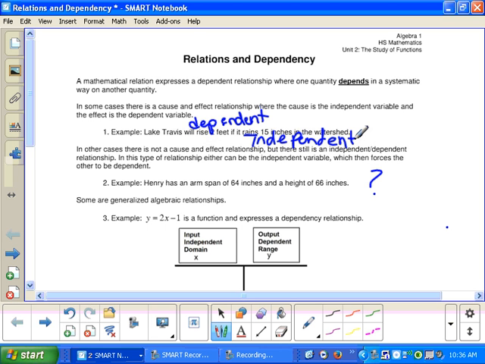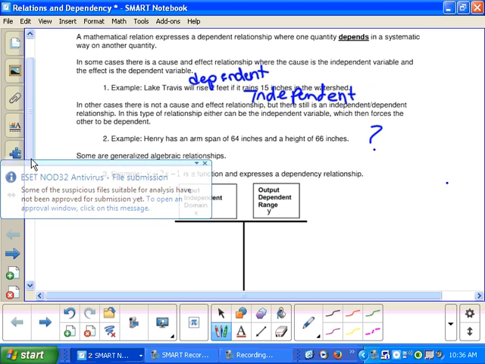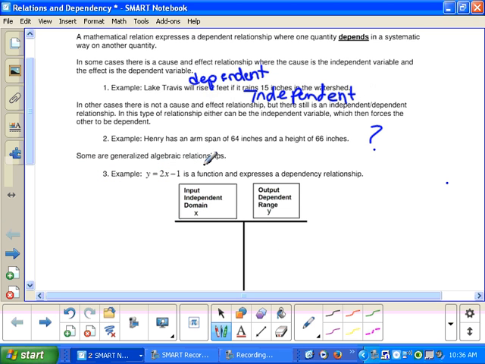What we're going to see most often is going to be like number 3, where we have an equation. In this case, y equals 2x minus 1. We have these 3 names, so to speak, that will be independent. So we have x is independent, domain, input. Range is output, dependent, y.